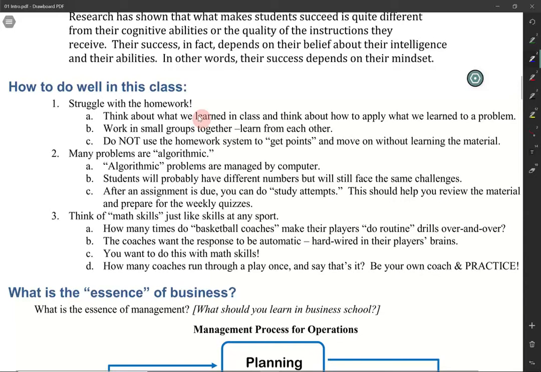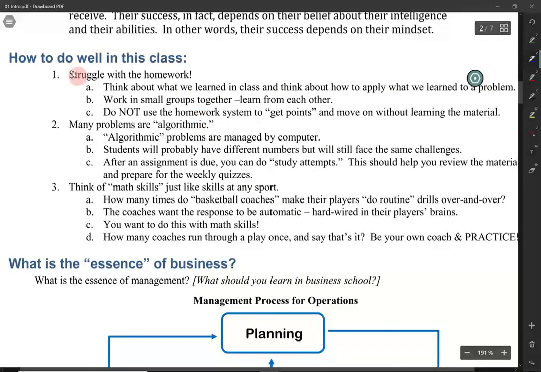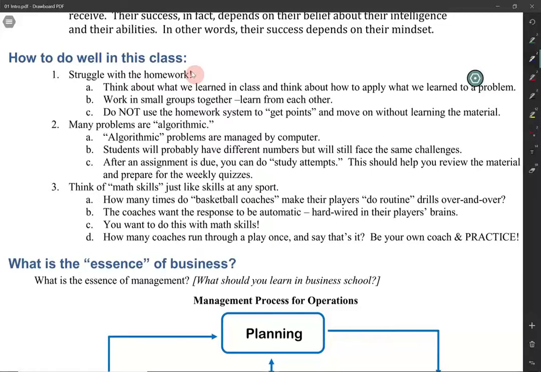So, how to do well: struggle with the homework, and maybe don't ask for help right away. Give yourself 10 minutes. If you are really adventurous, give yourself 15 minutes. Just say, I'm not going to ask for help for 10 minutes, and then throw yourself at the problem and try to sort it through.